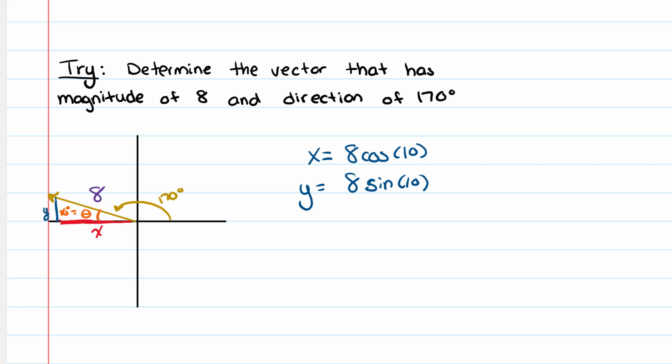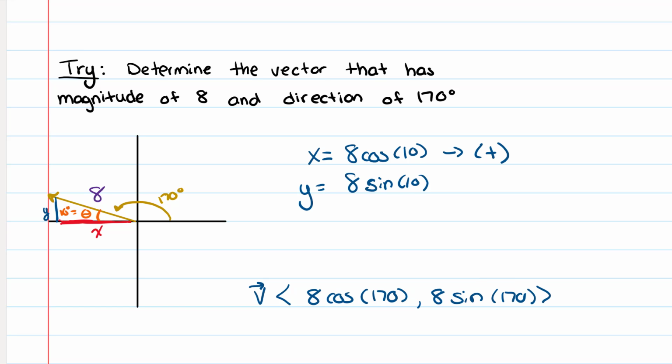Now, if you wanted to do it this way, this number is going to end up being positive, and you're going to have to make it negative because we're in the second quadrant. Or what you can do is just type it in your calculator like this: 8 cosine of 170, 8 sine of 170.